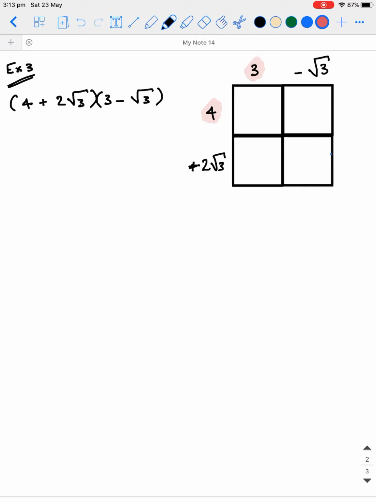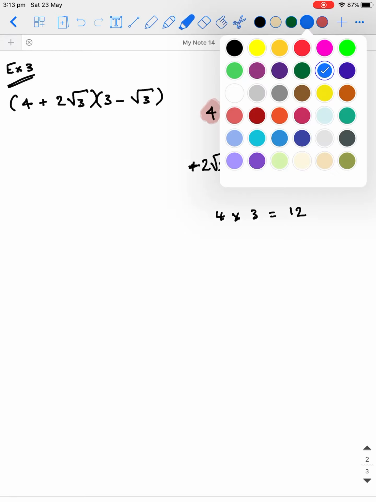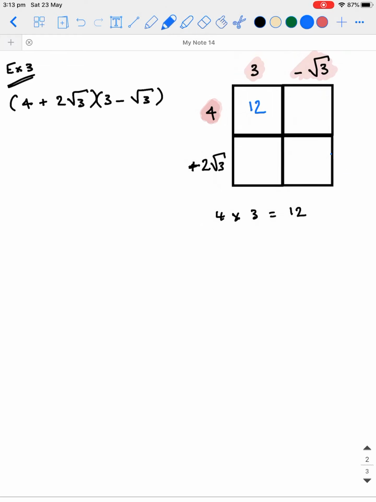Now what I know is that 4 multiplied by 3 is 12. So that's your first term. What I want to do is take the 4 again, multiply that by the negative root of 3. Now again, we know that 4 times negative root of 3 means it's a positive multiplied by a negative, so the answer is going to be a negative.